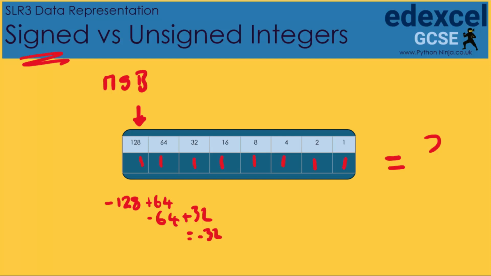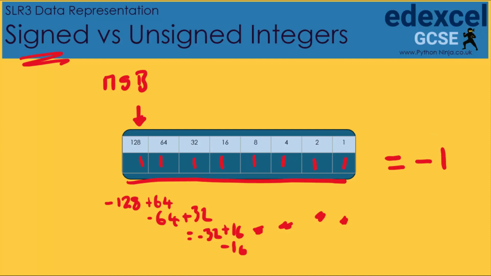We know that minus 32 plus 16 is equivalent to minus 16, and you guessed it, this is now going to be minus 8, minus 4, minus 2, minus 1. So if we've got all ones on here, the denary number being represented is minus 1.